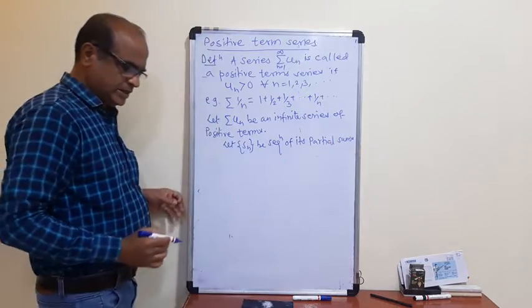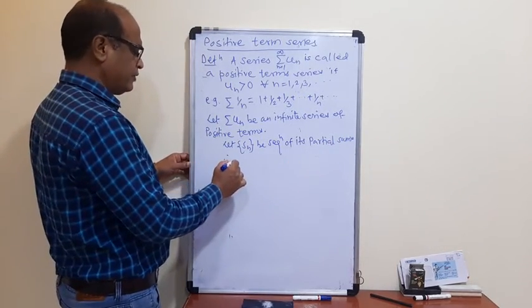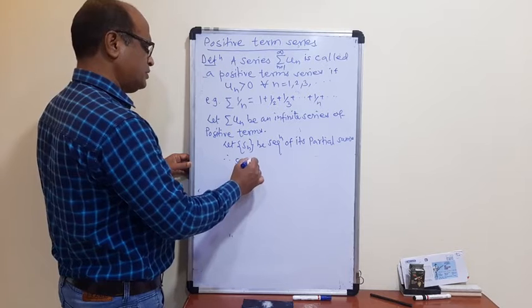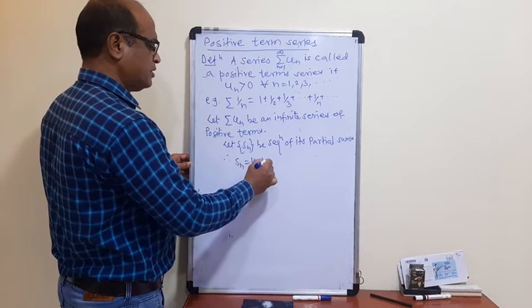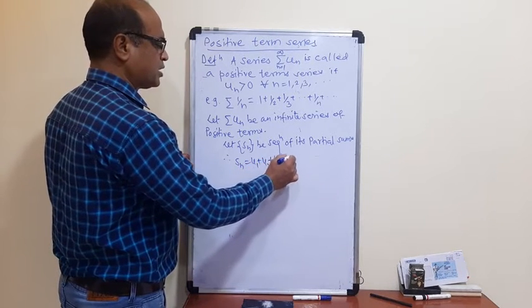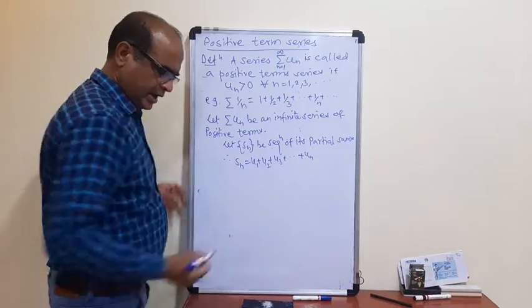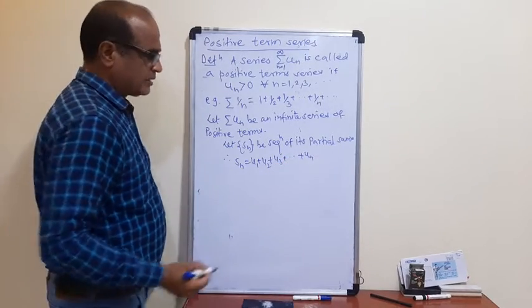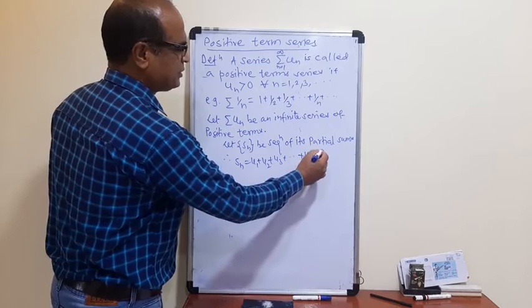So Sn is u1 plus u2 plus u3 and so on, up to un minus 1 plus un.